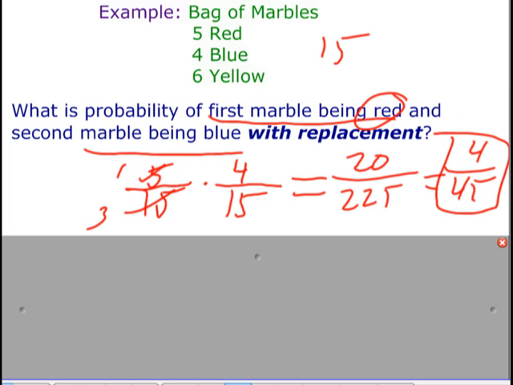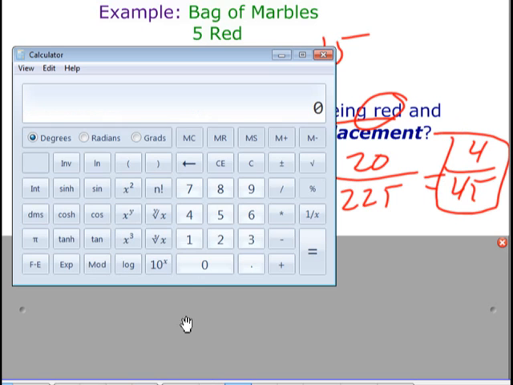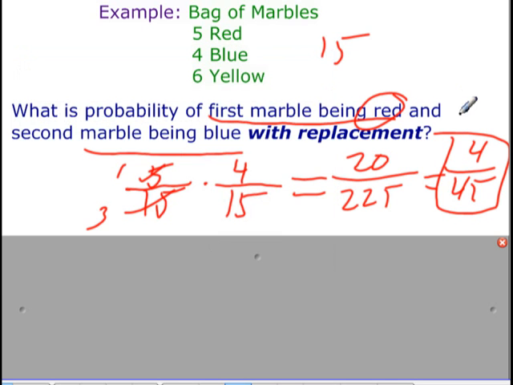Sometimes we'll put that in the calculator and go decimal. We'll get more into when it's appropriate to put decimals in, but if we do 4 out of 45, we get about 8.9%. I'll usually specify how to write your answer, but generally speaking, best thing to do is leave it as a fraction in simplest form.